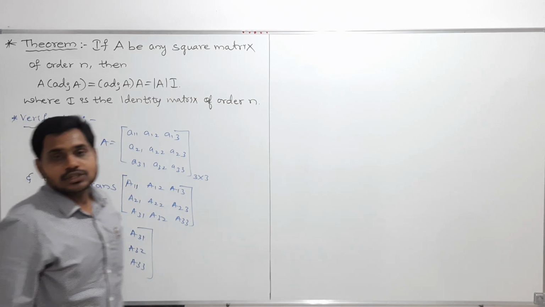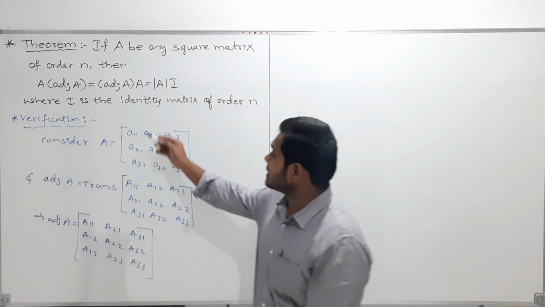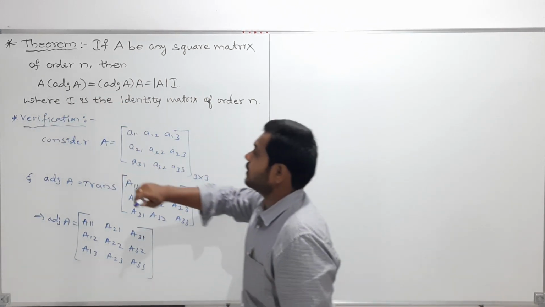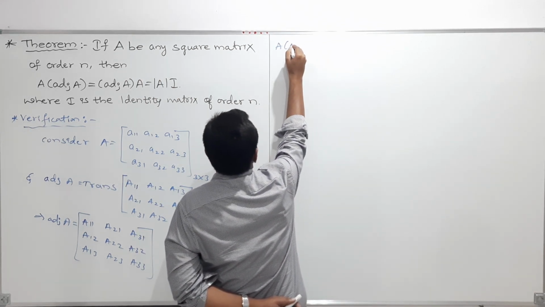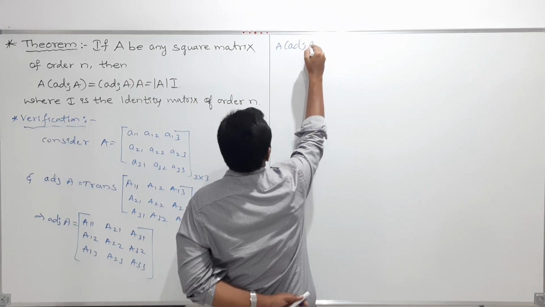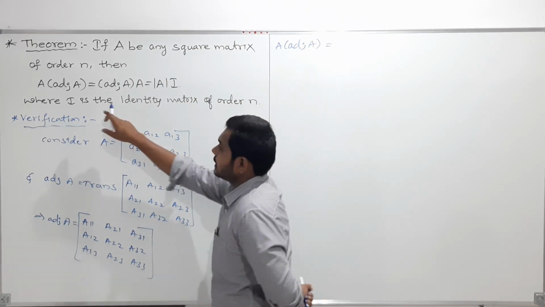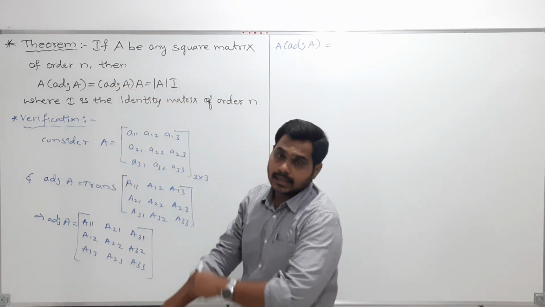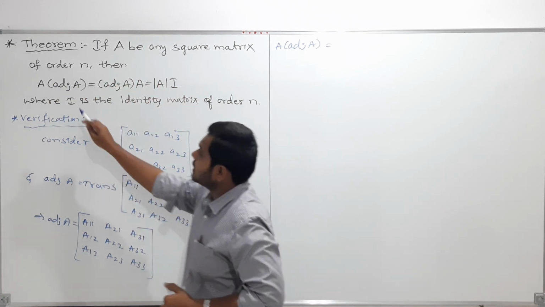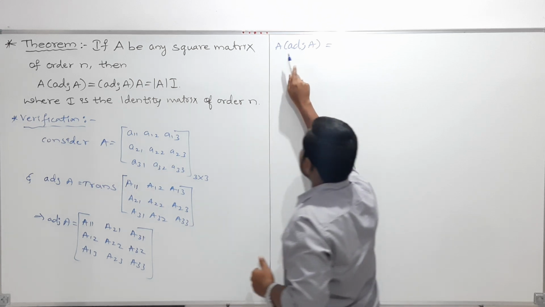Clear? And now, my students, I should prove this result, A into adjoint of A. So I will take this one and prove it. For that reason I am taking A into adjoint of A. What is A?